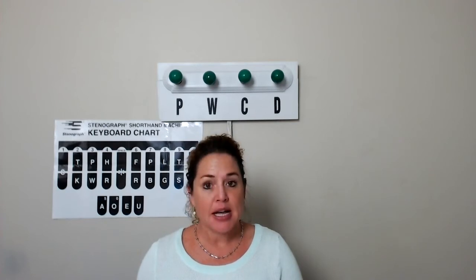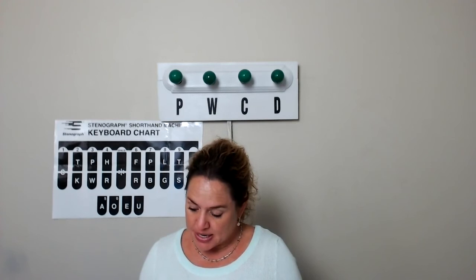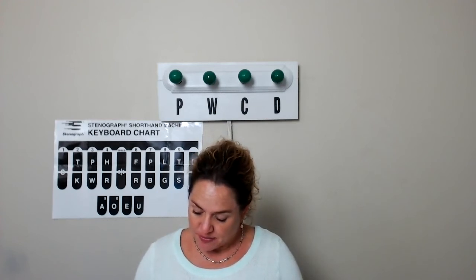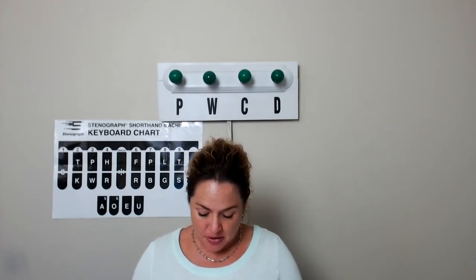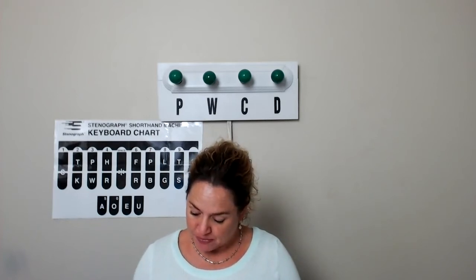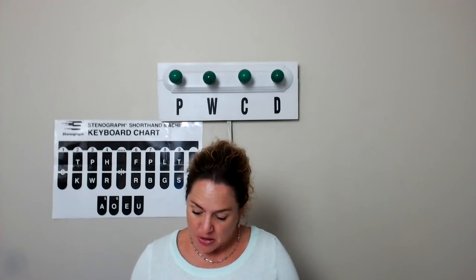Number 9, cub. The bear cub walked across the street. Number 10, cube. Draw a cube on the paper. Number 11, her. Her hair is beautiful.